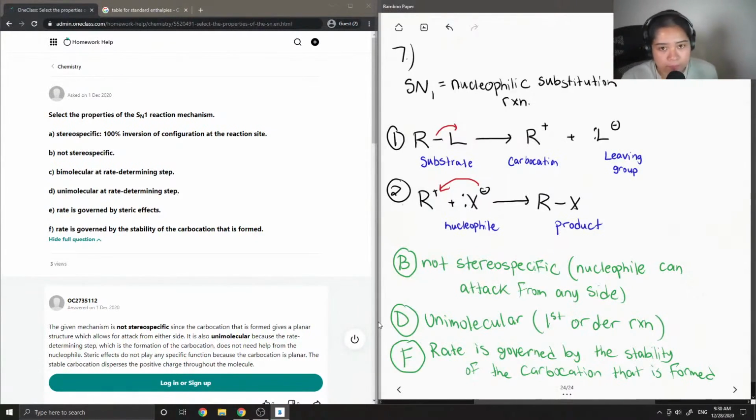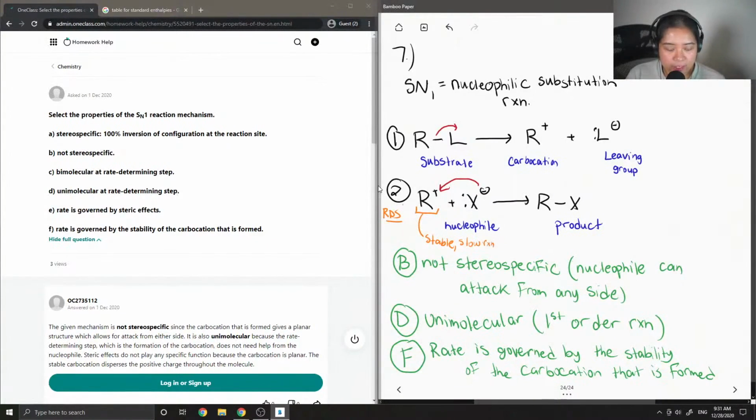Okay, so I'll kind of explain this. Step 2 would be considered our rate determining step. So as you can guess, that means that it's the step where the rate is determined. So in this case, if our carbocation, which is R+, is stable, then the reaction is a slow reaction.